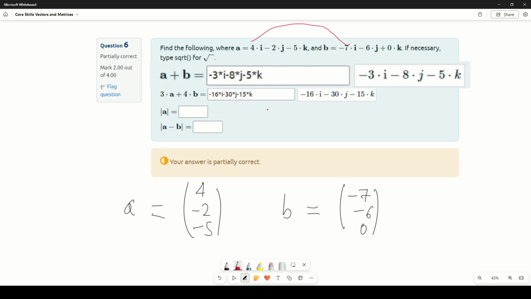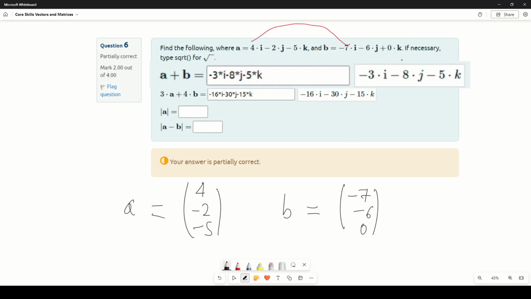Sometimes the questions might be written so that the b part is written out as -7i -6j, and they would just completely remove the k term because it has no magnitude. However, if this happens, you just need to write the plus 0.